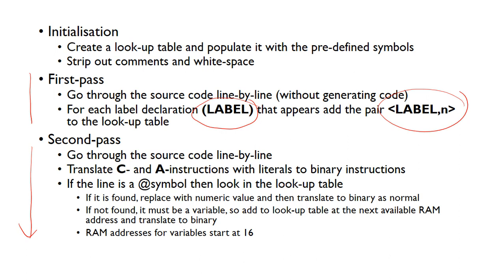And then if we see the line has a user defined symbol, so an @ symbol, one of these @sum or @total or something, we basically look in the lookup table. If we find the symbol there, we just replace it with its numeric value and then translate it to binary as normal. If it's not found, we need to add it to the lookup table at the next available RAM address and then translate it to binary.